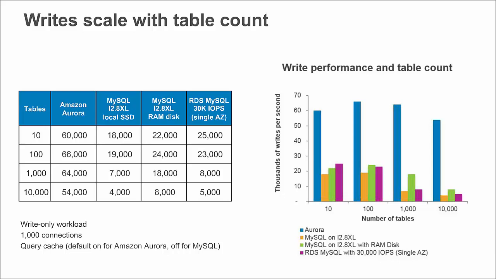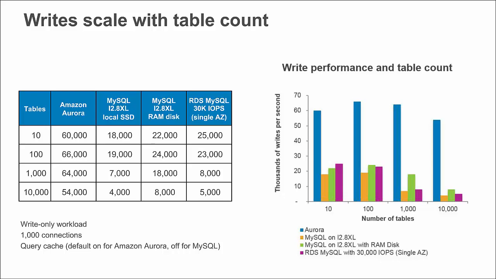On EC2, it's going from 19,000 to 7,000 writes, and on RDS, it's going from 23,000 to 8,000 writes. That's almost a 70% decrease in the rate of writes, whereas in Aurora, it just went from 66,000 to 64,000, which is about a 3% degradation.